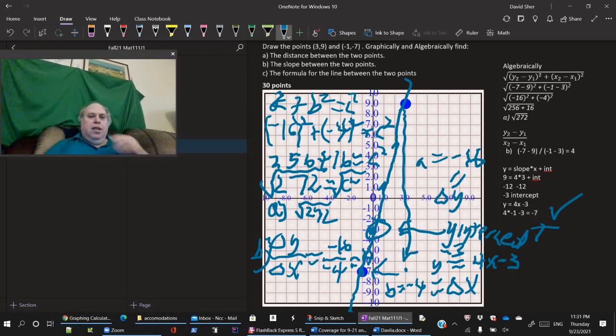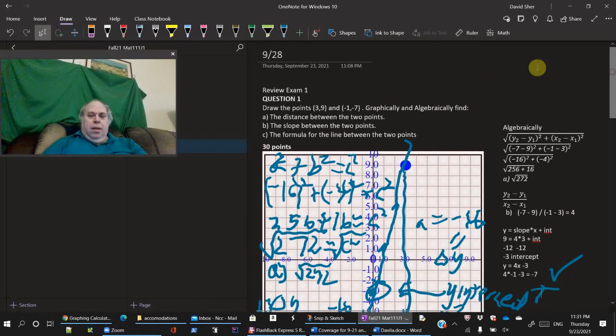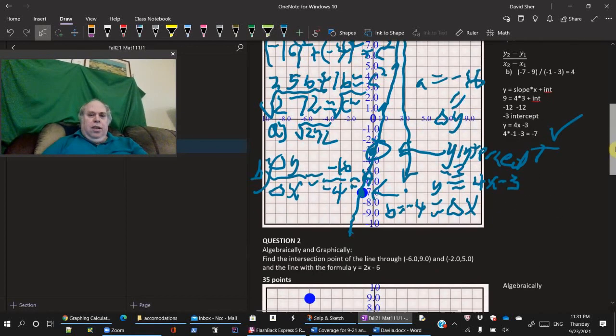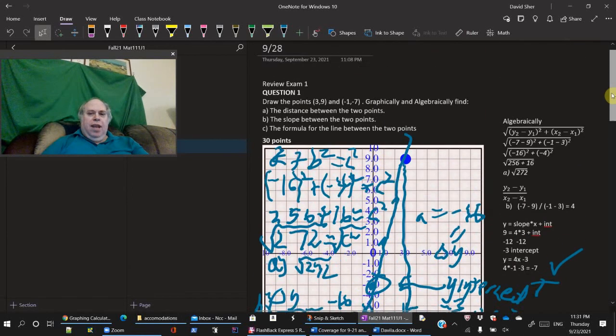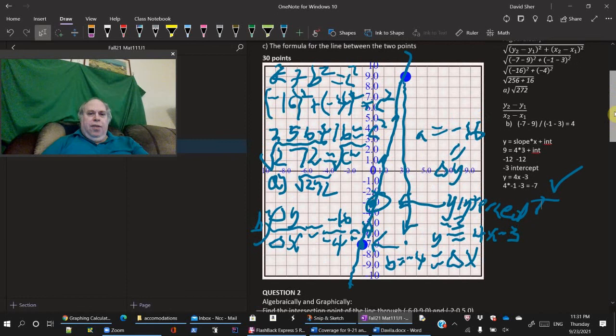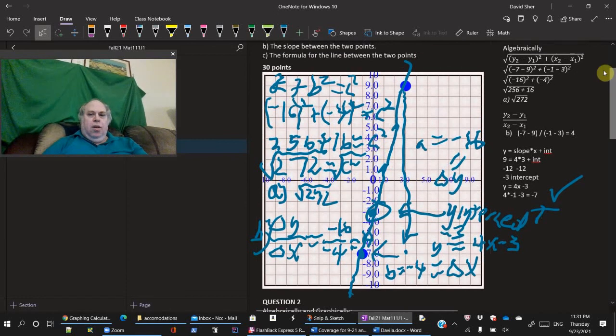And that's the answer to review exam question 1. All of this work is the graph and the algebra to solve this whole thing. And I will stop right here.